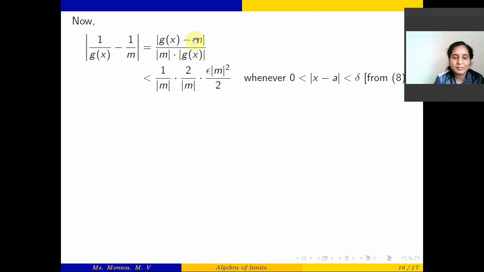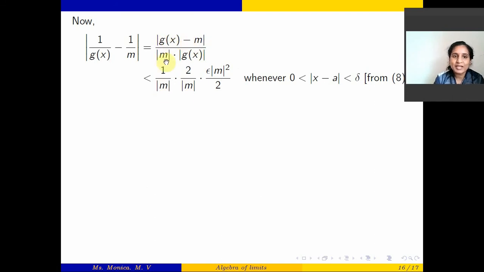So mod g of x minus m is less than epsilon into mod m square divided by 2 when this condition is satisfied. 1 by mod m, I am keeping as it is. 1 by mod g of x is less than 2 by mod m. There are three inequalities I have put here. One is equality, 1 by mod m, I am keeping it as it is.